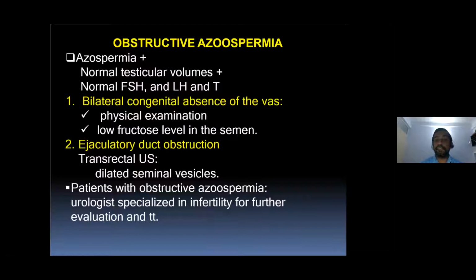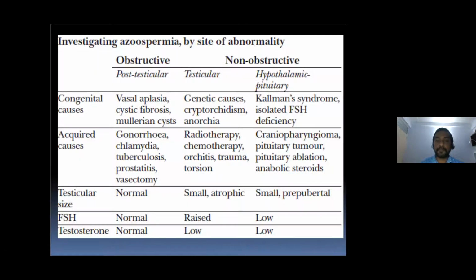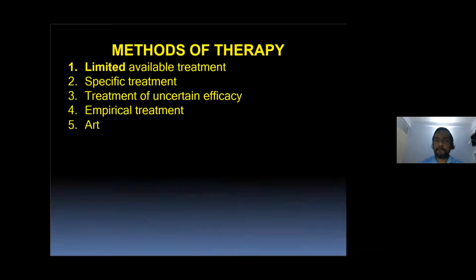And if on physical examination you can't palpate the bilateral vas deferens, then a scrotal ultrasound scan would be requested. In addition, there are some measurements of the seminal vesicles which will indicate whether there is an obstruction. The other thing is a cystic structure in the midline, as you said.